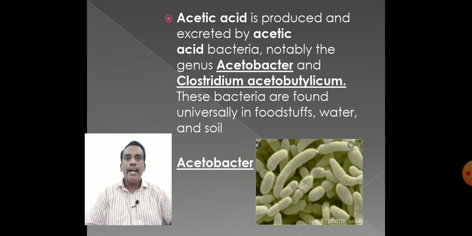There are two kinds of acetic acid bacteria here. One that you can observe in the diagram is called Acetobacter, and another is called Clostridium acetobutylicum. These are obtained from foodstuffs, water and soil. So this is the source for the acetic acid that we use as vinegar.